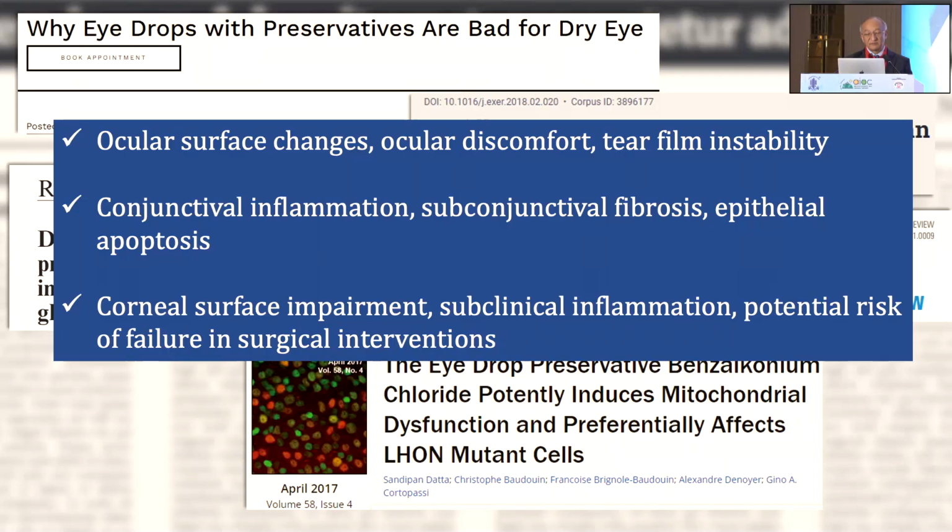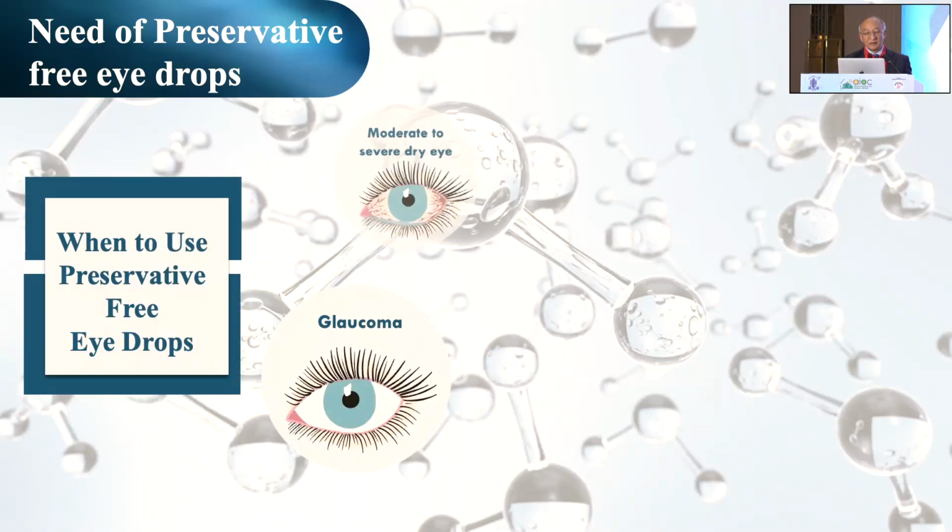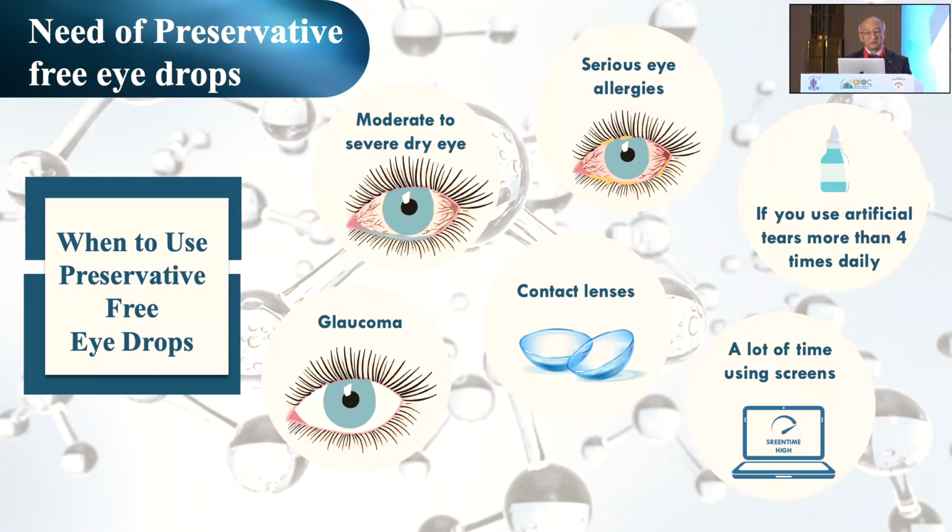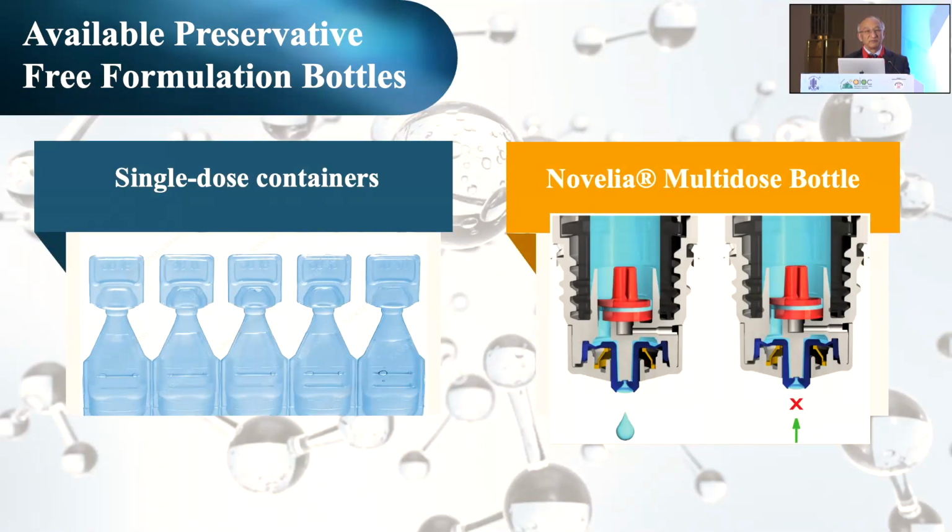Later on, it can cause serious inflammation with subconjunctival fibrosis, epithelial apoptosis, and sometimes corneal surface impairment, which can ultimately create problems for a patient undergoing various procedures like refractive surgery, corneal surgeries, or cataract surgery also. Therefore, there is a definite need of a preservative-free medication, especially for glaucoma patients, where they have to use lifelong medication, patients on contact lenses, patients having allergies, or patients who have been using artificial tears for more than 4 drops a day. So these people will definitely require it.